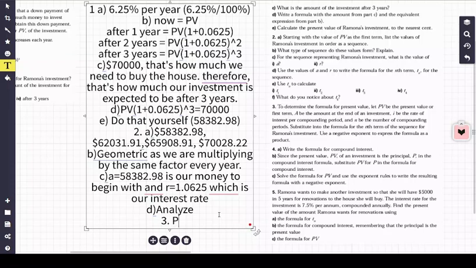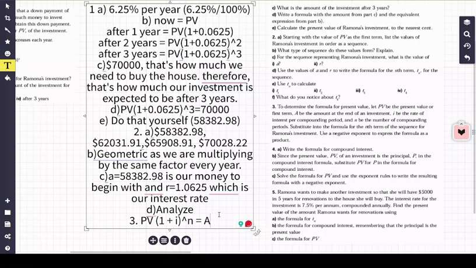So PV times some sort of interest rate, 1 plus i, to the compounding period of n, is going to equal the investment amount.